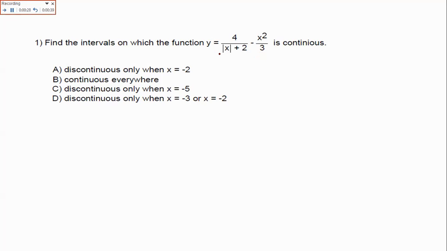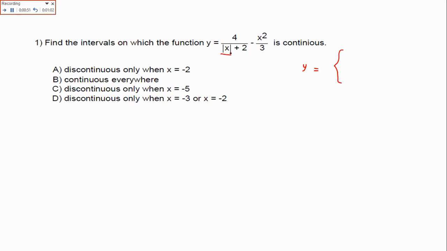Anytime we have the absolute value, that means we have a piecewise function. So what does that mean? That means we have to represent y in terms of cases.